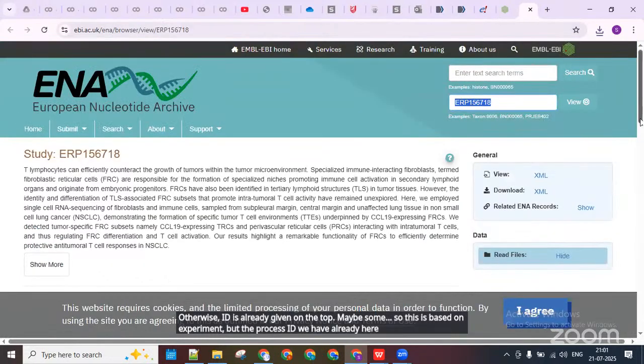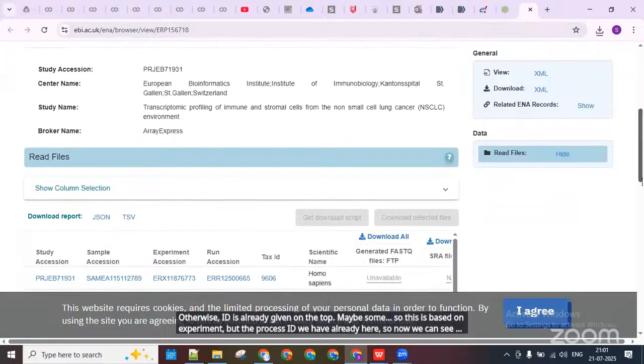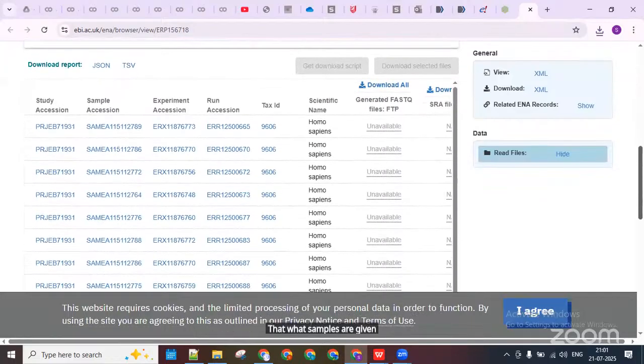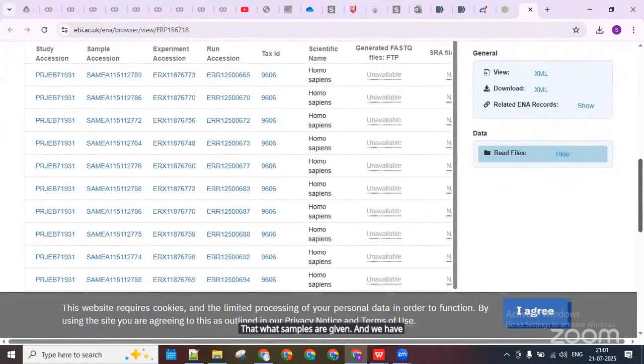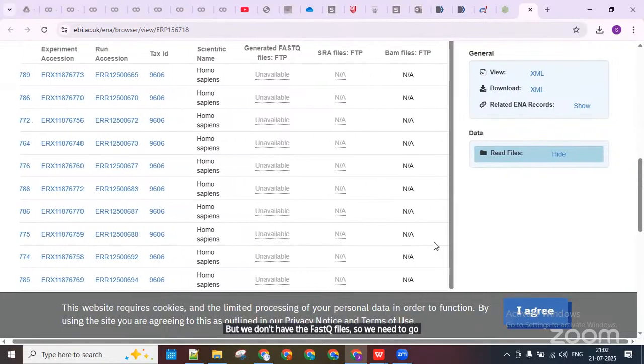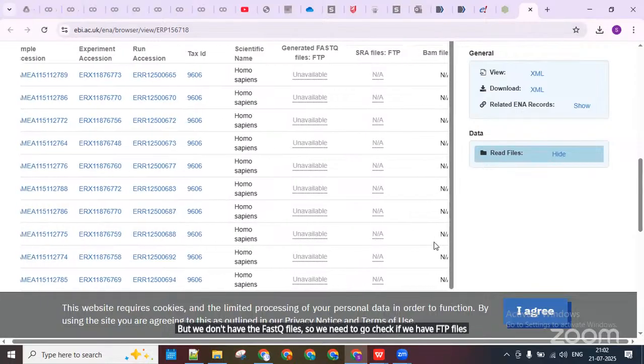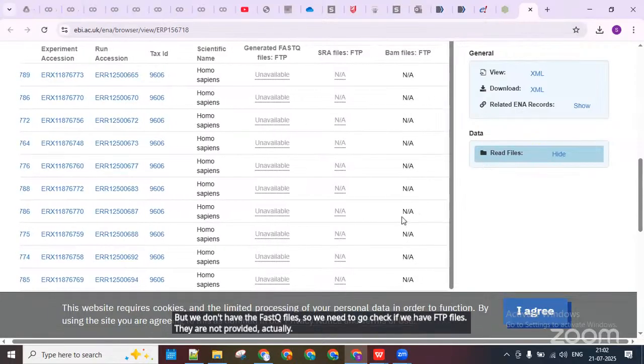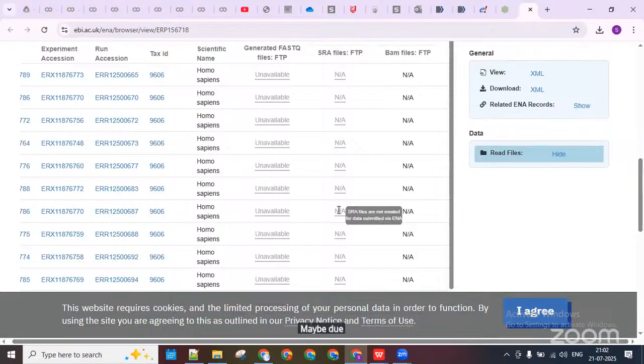So now we can see below what samples are given, and we have the samples given here. The information on the samples is all given here, but we don't have the FASTQ files. So we need to go check if we have FTP files. They are not provided actually, maybe due to some reasons.